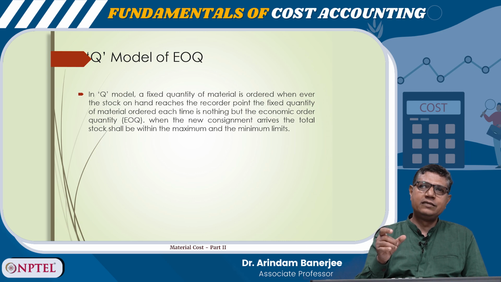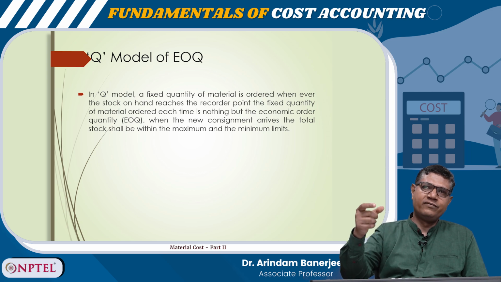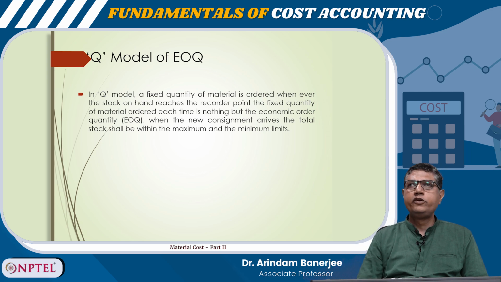But once it is decided, in the same quantity the company will order today, after 1 month, after 2 months. So, the quantity will remain unchanged. In Q model, a fixed quantity of material is ordered whenever the stock on hand reaches the reorder point. The fixed quantity of material ordered each time is nothing but the economic order quantity.